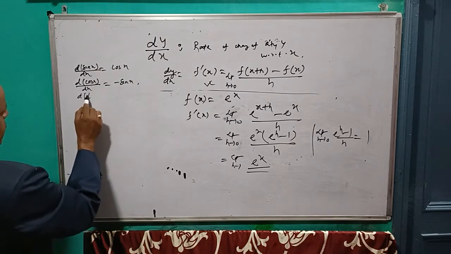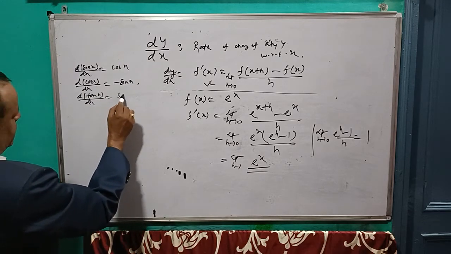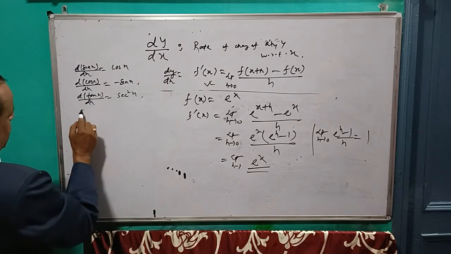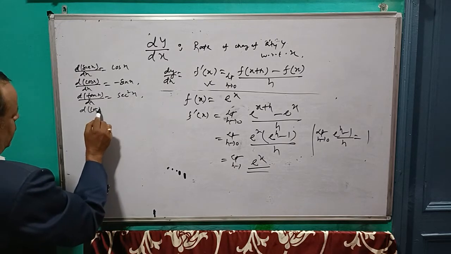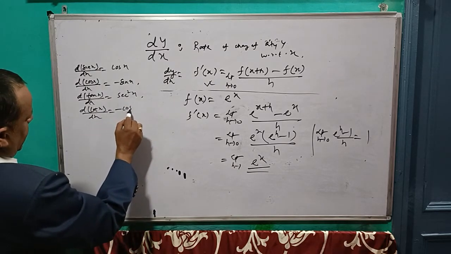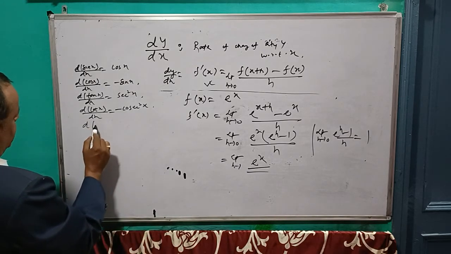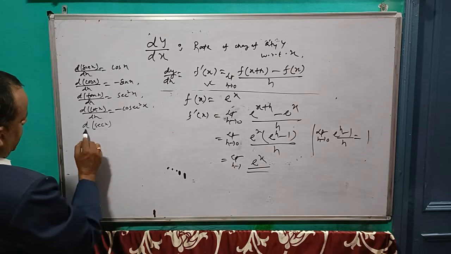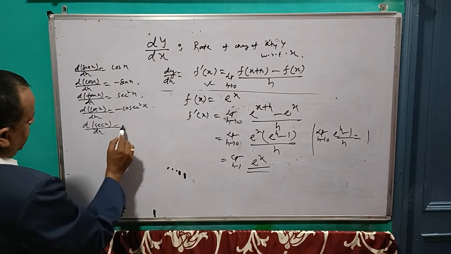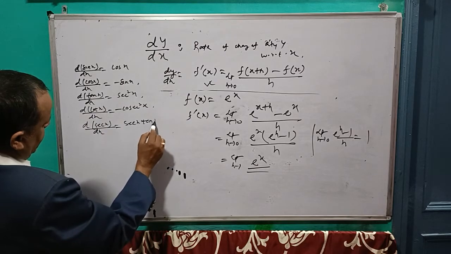The derivative of tan x is sec square x. The derivative of cot x is minus cosec square x. The derivative of sec x is sec x into tan x.